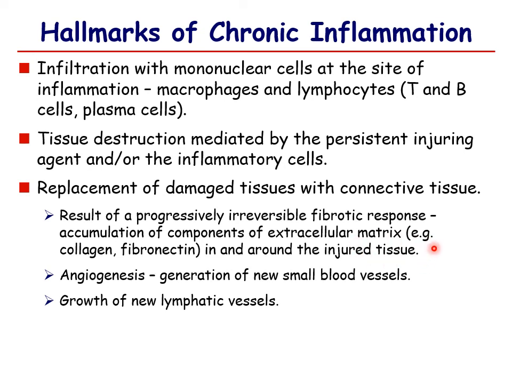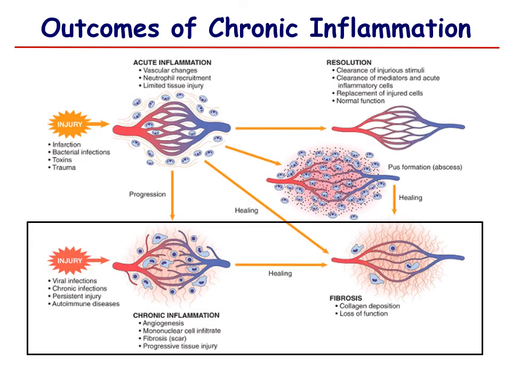Therefore, the tissue repair occurs with non-functioning components of extracellular matrix rather than functioning tissue cells. This fibrosis is accompanied by angiogenesis, which is generation of new blood vessels, as well as growth of new lymphatic vessels.